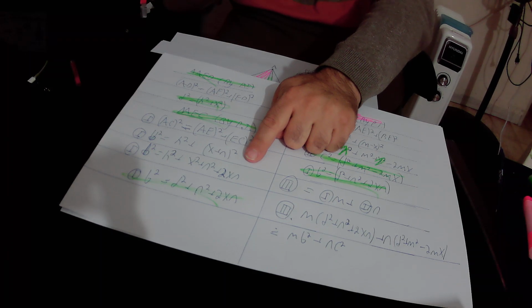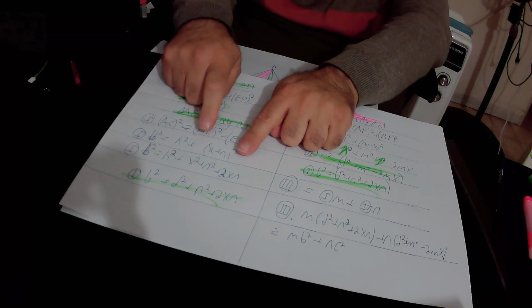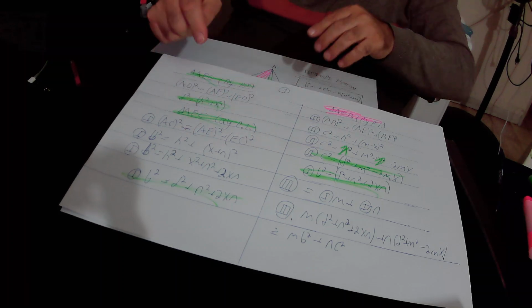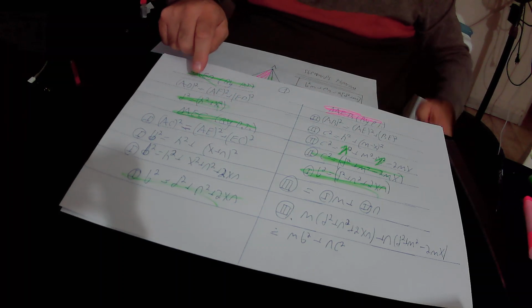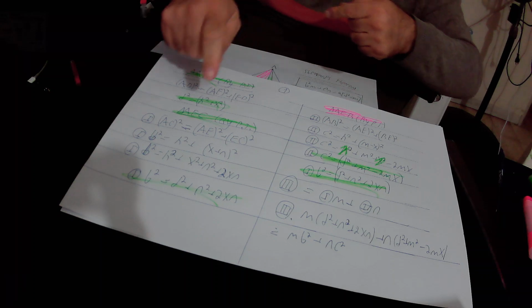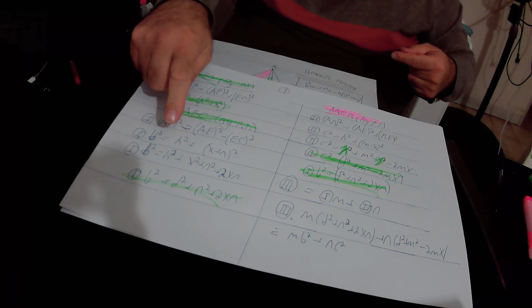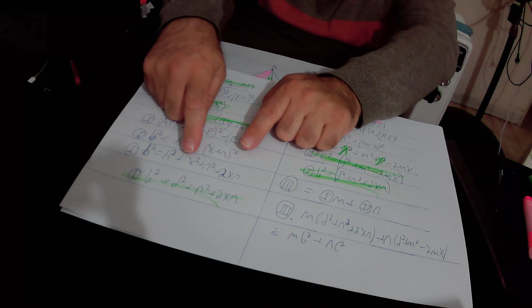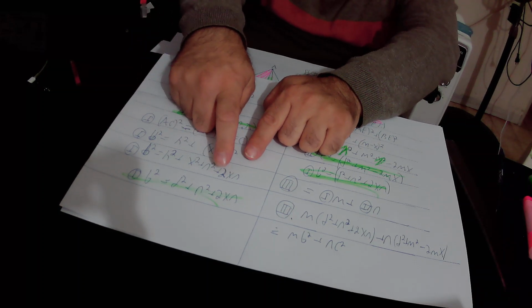Okay, so here we have h square plus x square equals d square. So we substitute h square plus x square in equation number 1 by d square, and found out that b square equals d square plus n square plus 2 times xn.